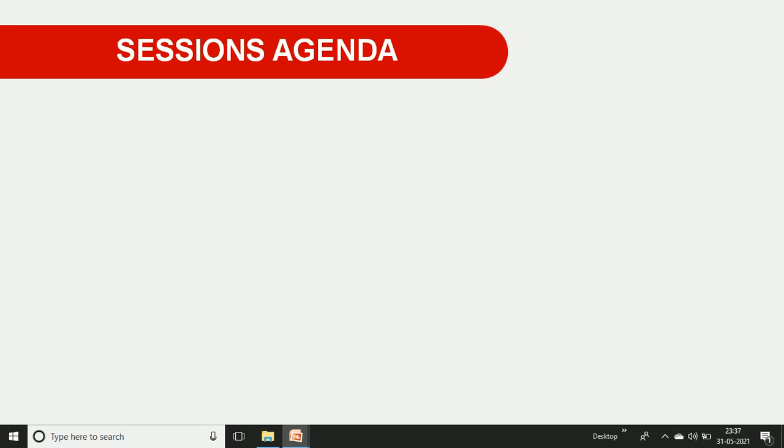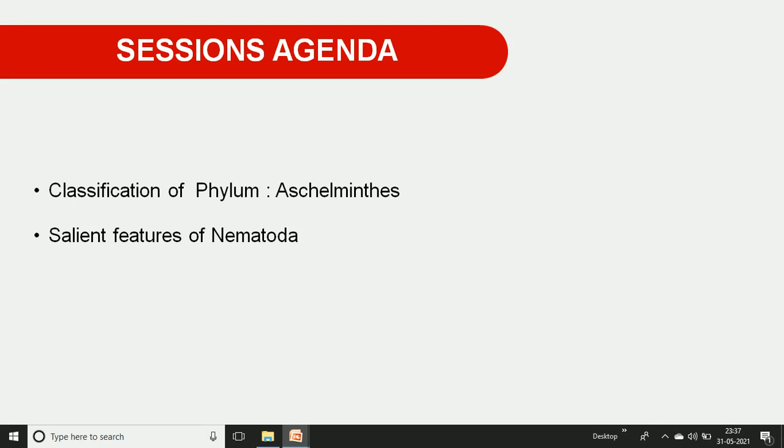Now, in today's session we first discuss how this group of Aschelminthes animals is classified into some smaller groups. In this classification part we discuss how many classes are found in the Aschelminthes animals, and one of the classes has been very successfully evolved over time.